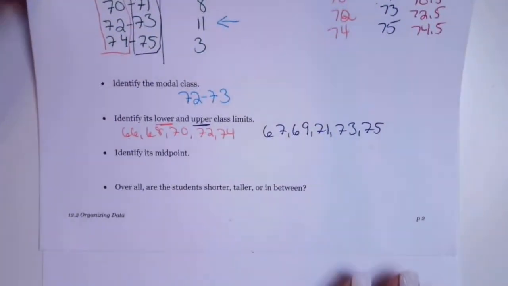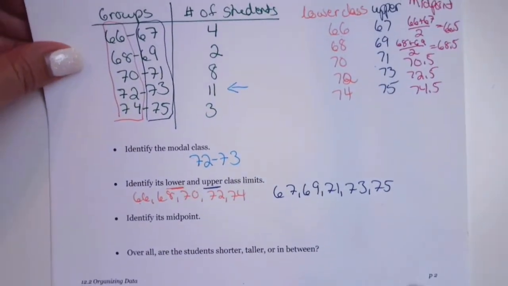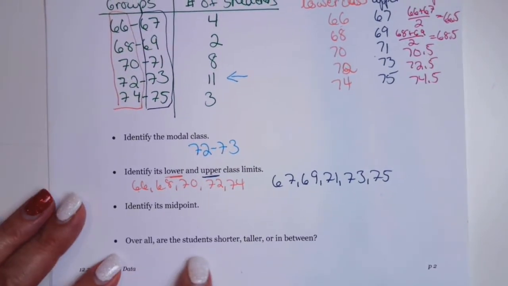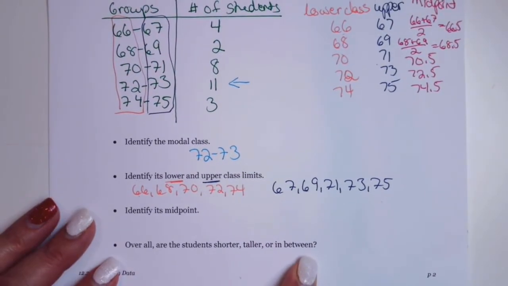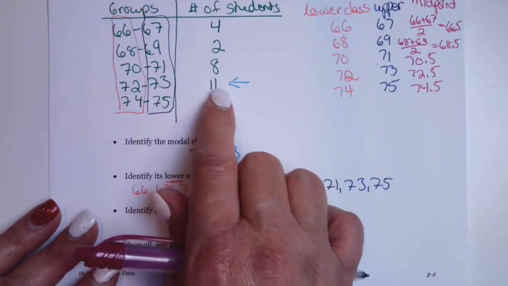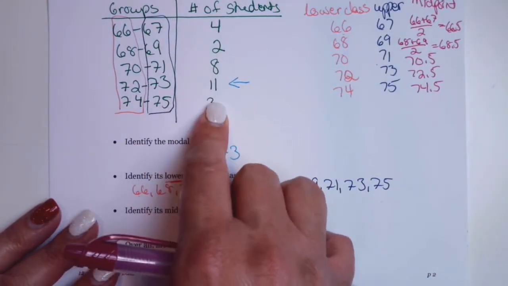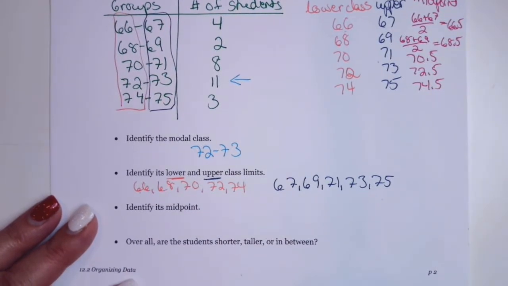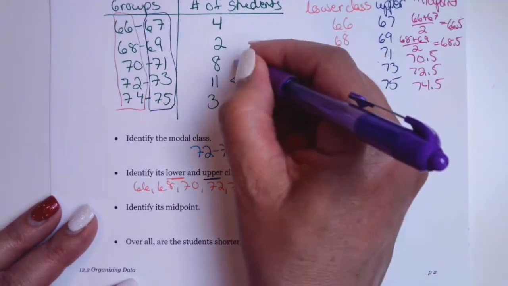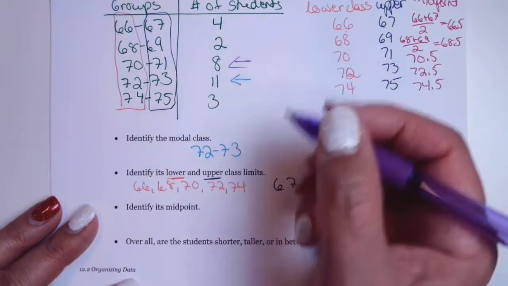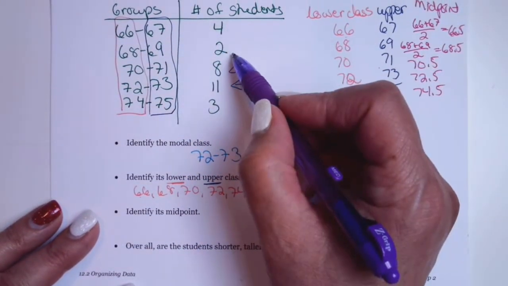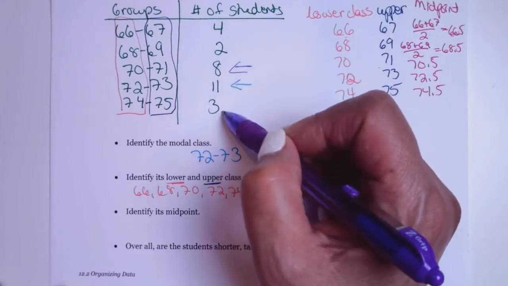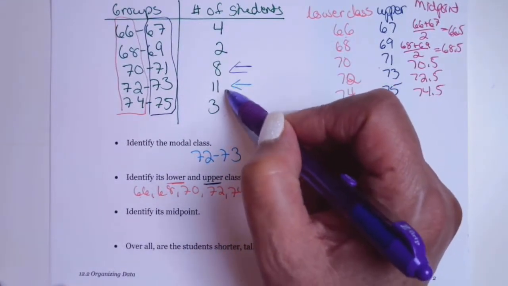So now we're going to answer again, overall, are the students shorter, taller, or in between? I did mention the taller side, but if we take a good look at this, this one is in the middle, right? We have two groups above it and two groups below it.